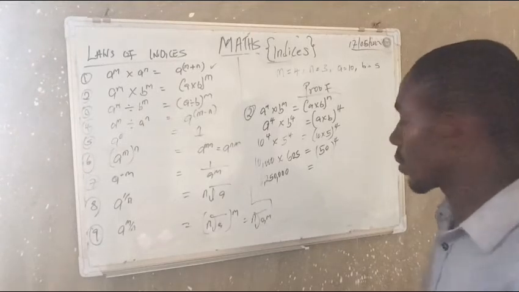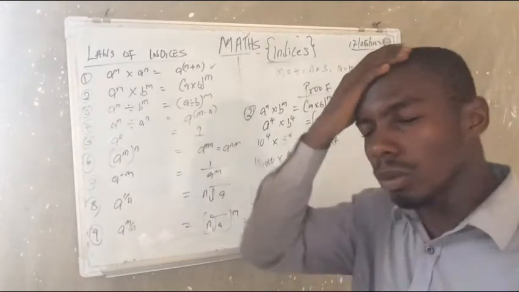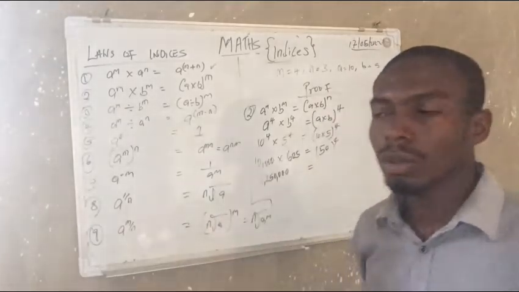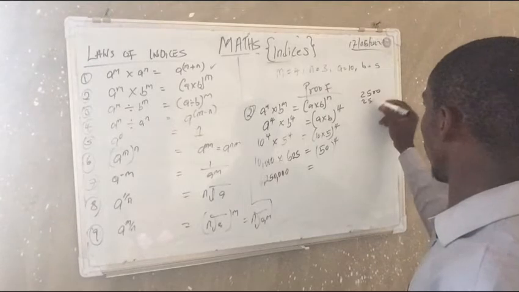What we're going to do now is 50 raised to the power 2, which is going to give us 2500. Now 2500 by 2500.